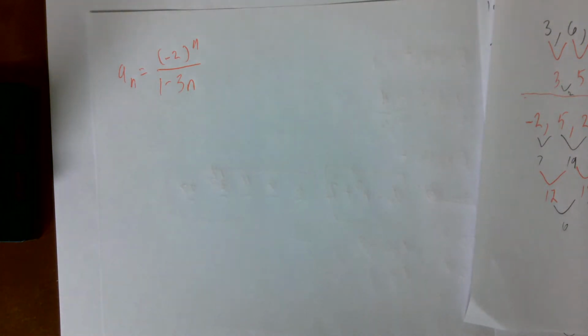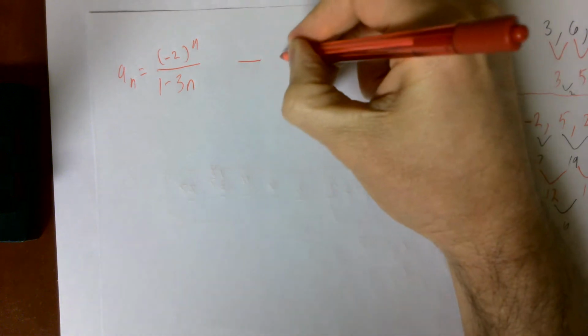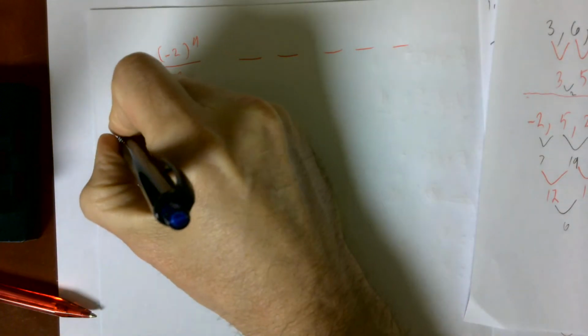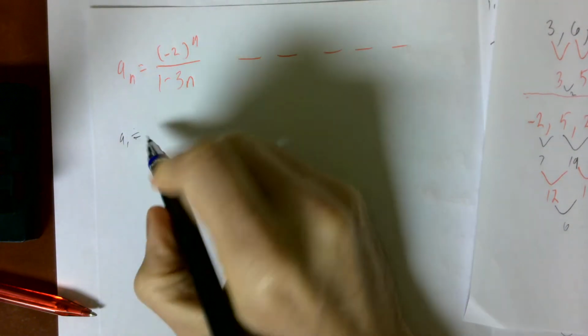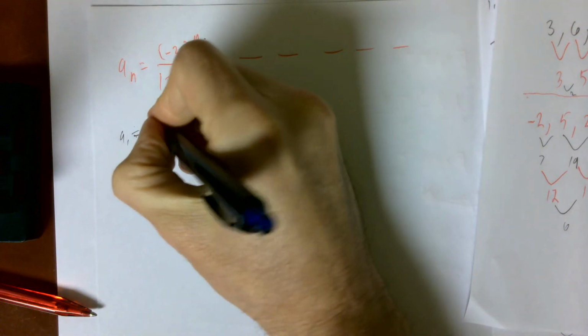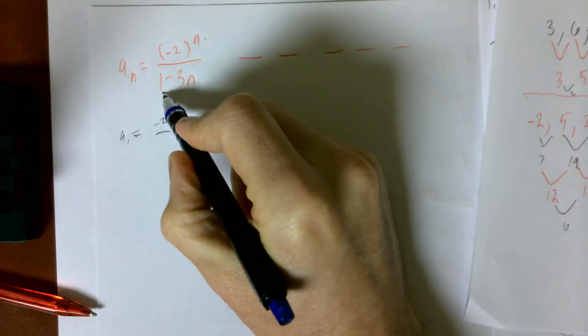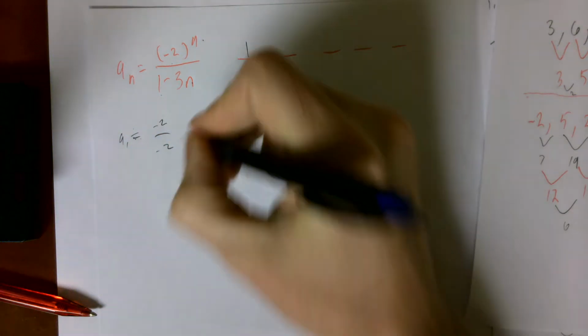Here's my ugly explicit formula. And again, I want the first 5 terms, so 1, 2, 3, 4, 5. I want to find the first term. I'll plug a 1 in. Well, -2 to the first power is -2. 1 minus 3 gives me a -2. So my first position is a 1.